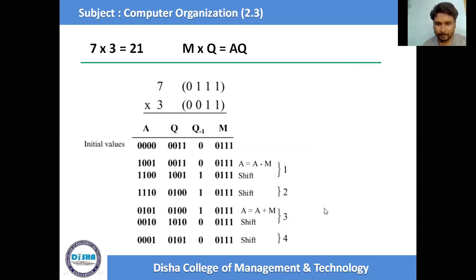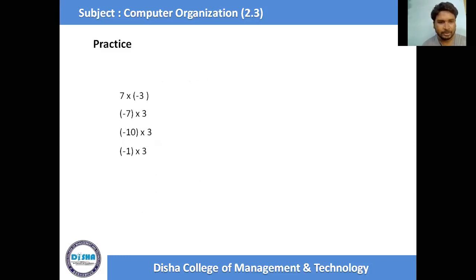Take some values and practice by yourself. You need to practice a lot with different numbers. I'm giving small numbers here. You can take 2-digit numbers like 17 or 28 or 73 multiplied with 84. Practice needs more.